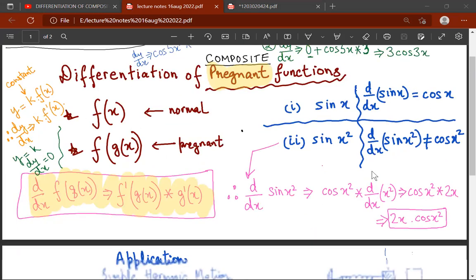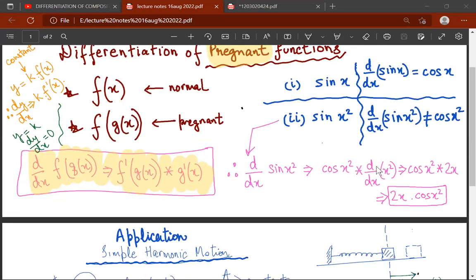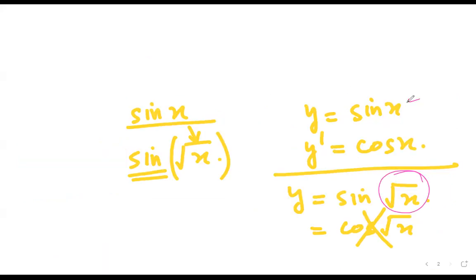You can ask why, as a medical student, once you have understood the differentiation of sin x as a class 11 student, sin x should be good enough. You have understood that the differentiation is cos x. Then why do I want to go a step ahead and tell you the differentiation of a composite function?